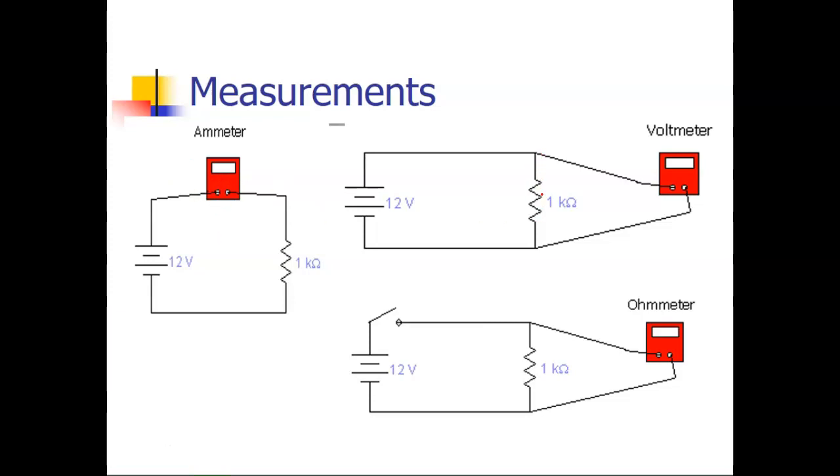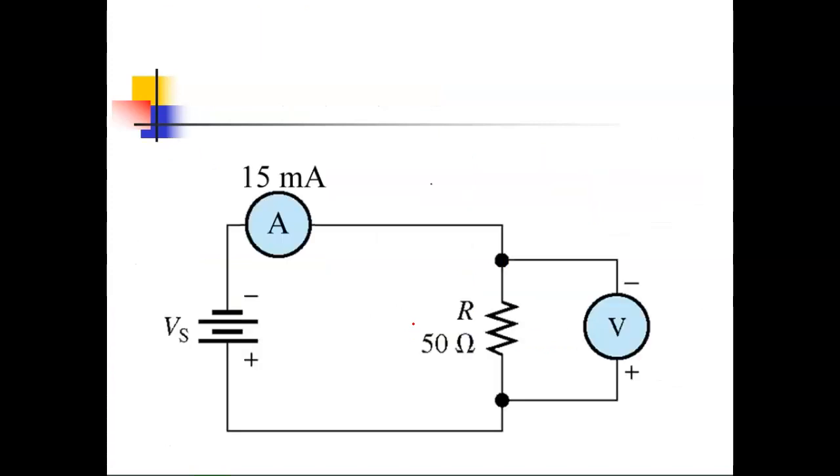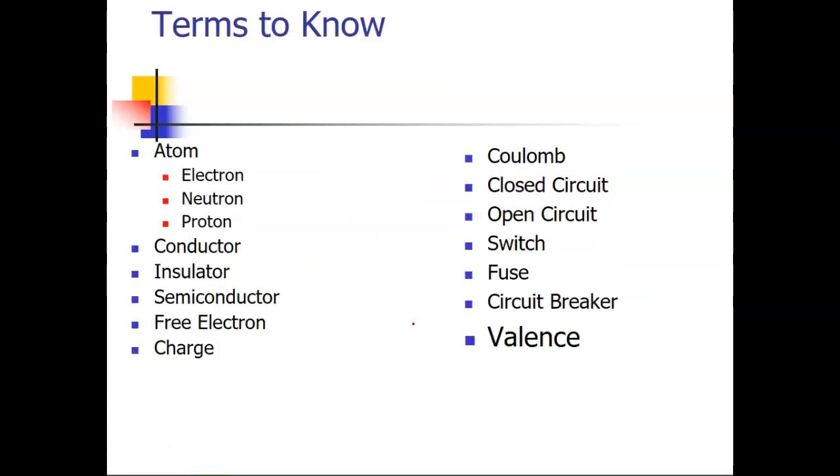A voltmeter goes across the component being measured, whether it's your voltage source or some other component in the circuit. And lastly, your ohm meter is measuring your resistance with power not applied, power off. Does that make sense? Yes, ma'am.